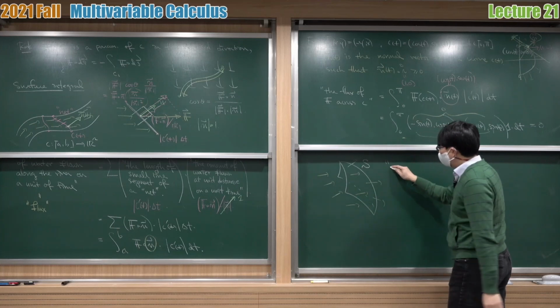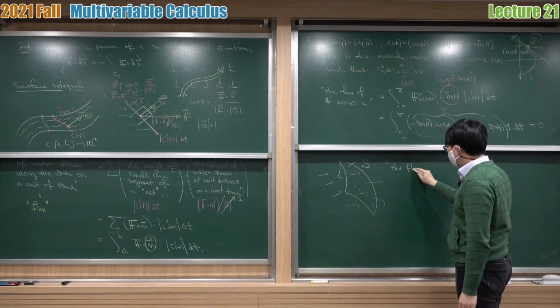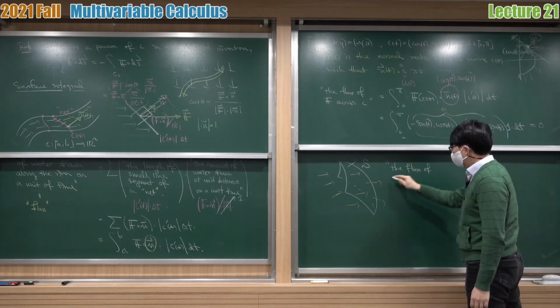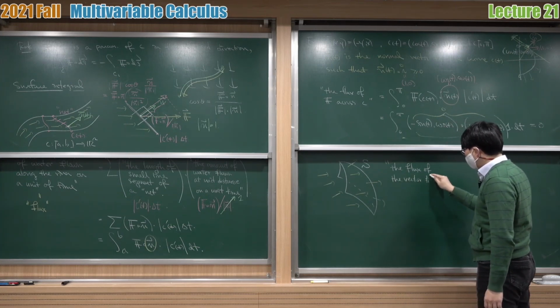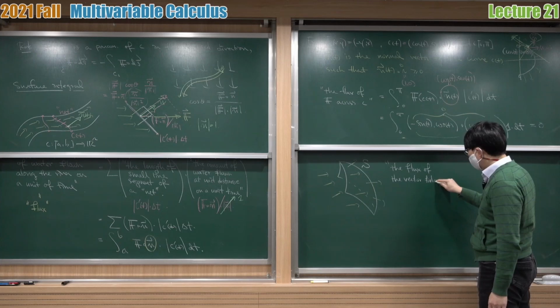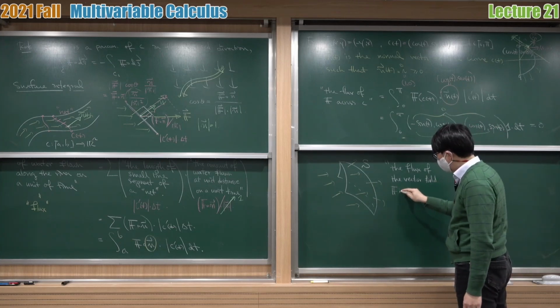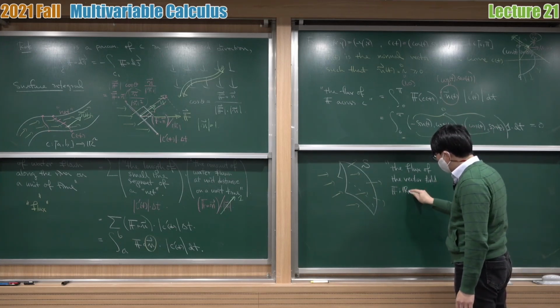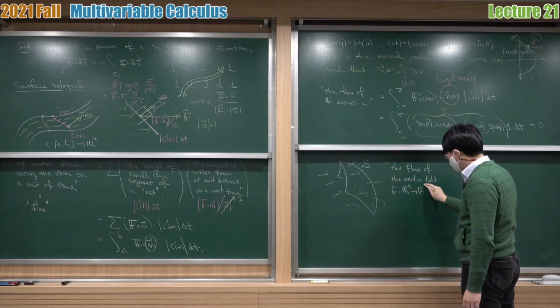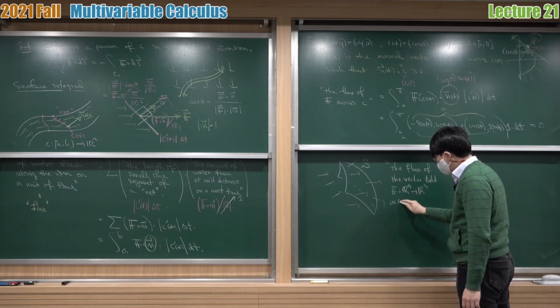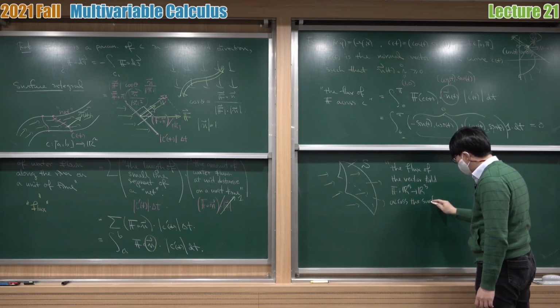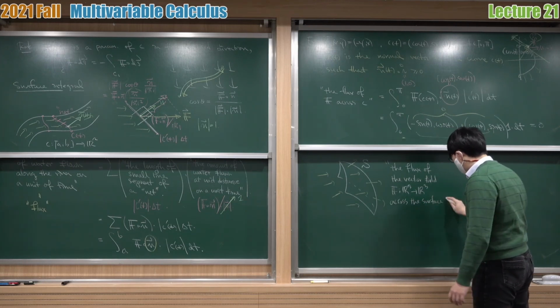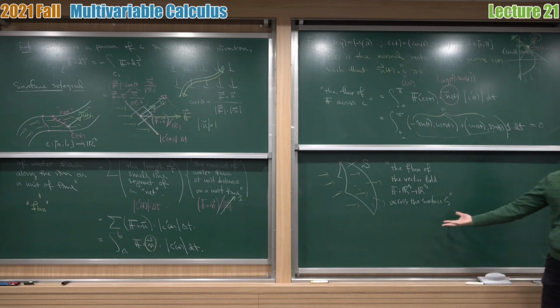Okay. The flux of the vector field F, let's say R3 to R3, across the surface S. I'm trying to find this, okay?